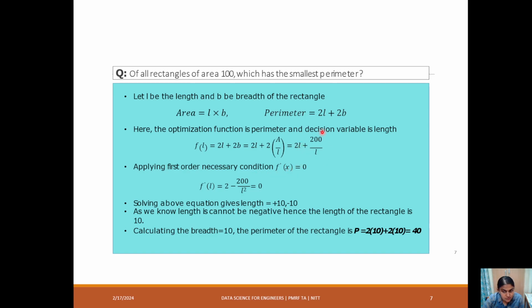Applying it will give you 2 minus 200 by L square equal to 0. Solving the above equation, you will get the stationary points, which are plus 10 and minus 10. Length cannot be negative, so you take only the plus 10 value. So you will get the breadth also as 10. Then the perimeter is 2 into 10 plus 2 into 10, so the answer is 40.